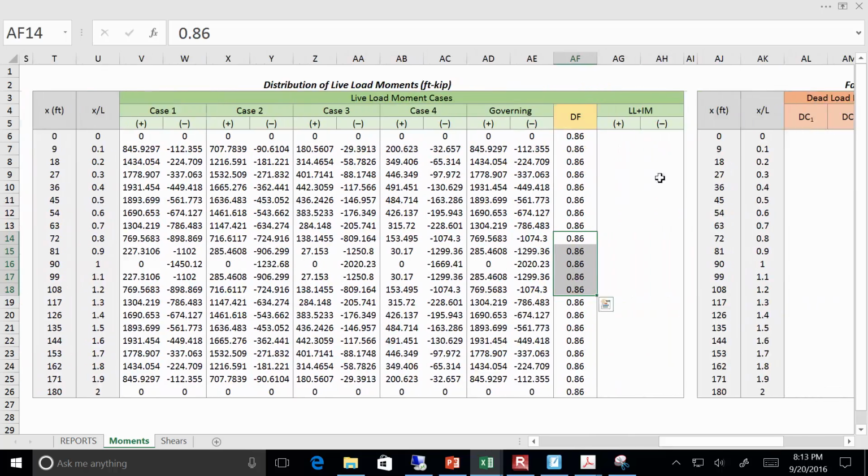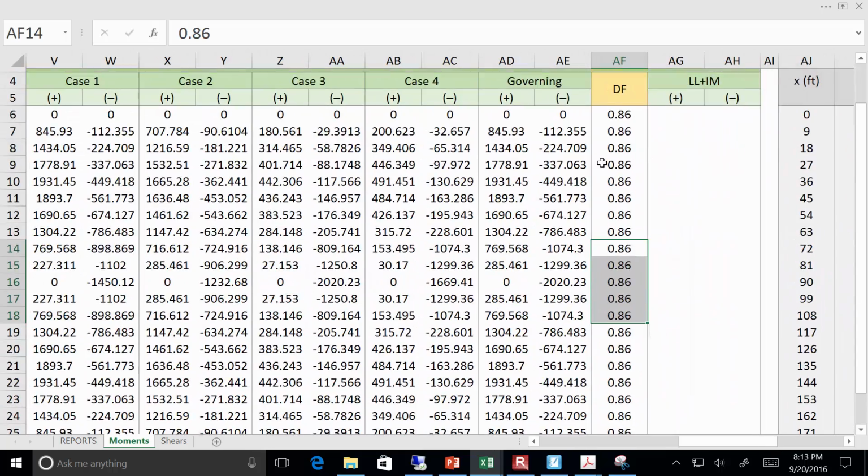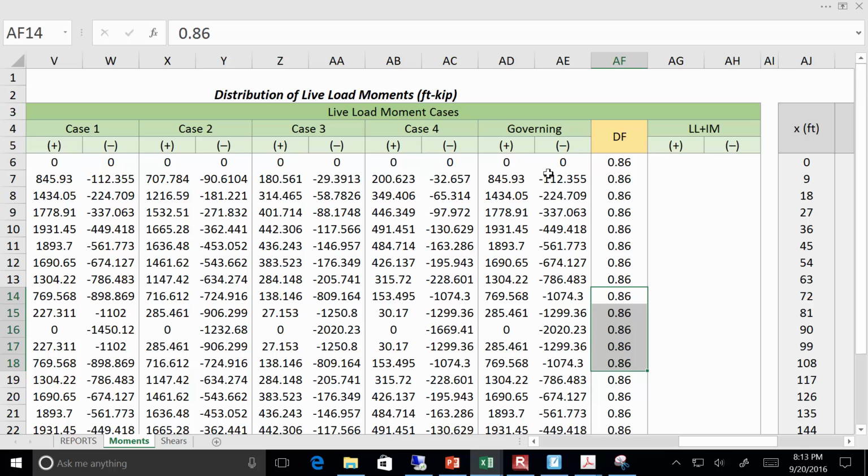I then need to distribute this governing case right here to obtain the actual ones I can factor. So how am I going to do that? I'm going to take this column, multiply it by the distribution factor, and I'm going to take this column times the distribution factor. See what I'm doing?